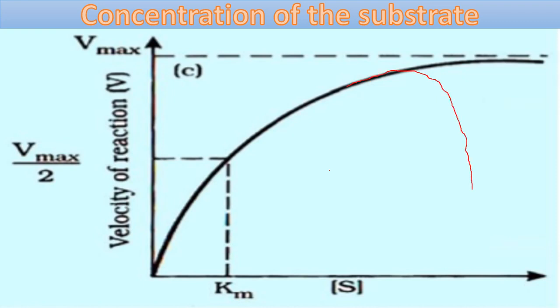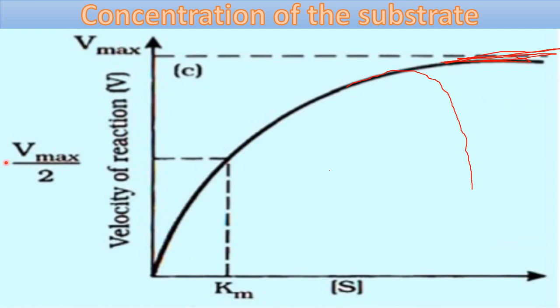But here this is Vmax, means if we further increase the substrate concentration, there is no impact on velocity of reaction, and this is called Vmax. So this is Vmax here, means maximum velocity. Max is maximum and V is velocity. So this is maximum velocity.